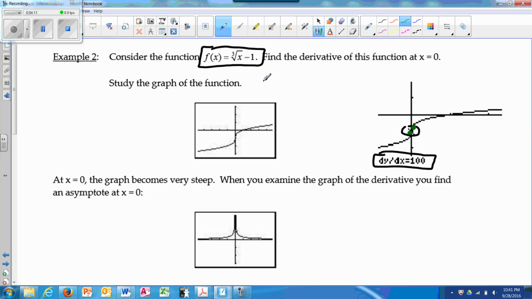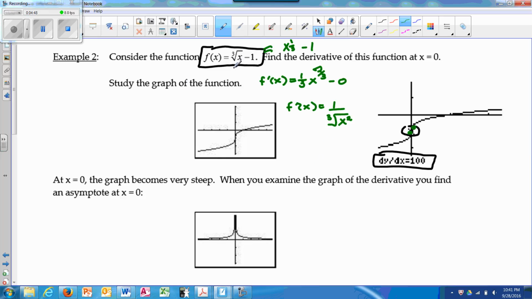The problem is we now know the power rule to take this derivative. So I could say that my f of x was x to the 1/3 minus 1. The power rule tells me the derivative is 1/3 x, subtracting 1 from the power makes it negative 2/3, and then minus 0. So my derivative, in fact, is 1 over the cube root of x squared.